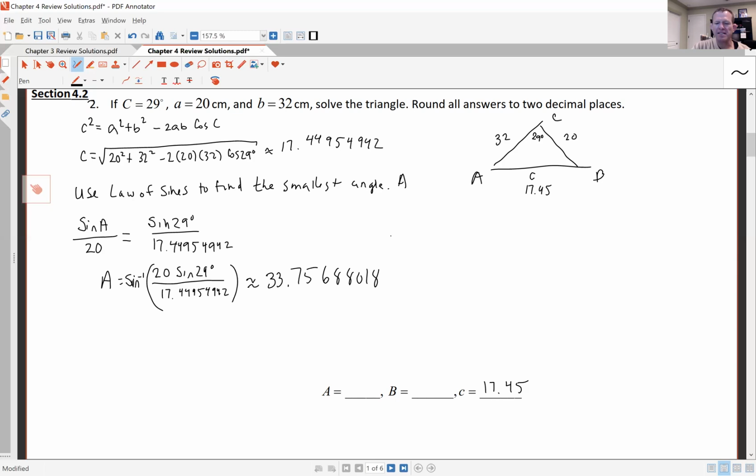Like we expected, that had to be acute because we were finding the smaller of the angles. We'll call that 33.76 degrees.